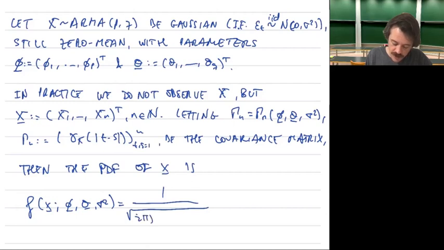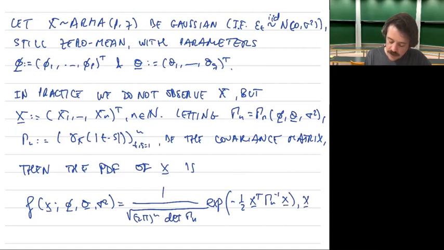We have 2 pi to the n, and then the determinant of this covariance matrix. Then we have the exponential of minus 1/2 of this x, now lowercase, then this matrix inverse, and then x as it is. These are just any vector in Rn.